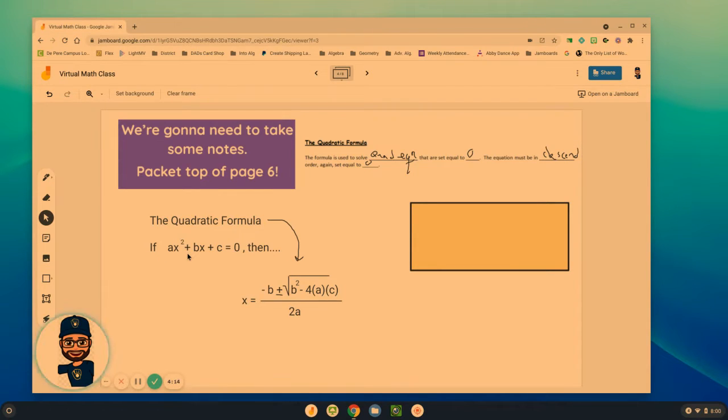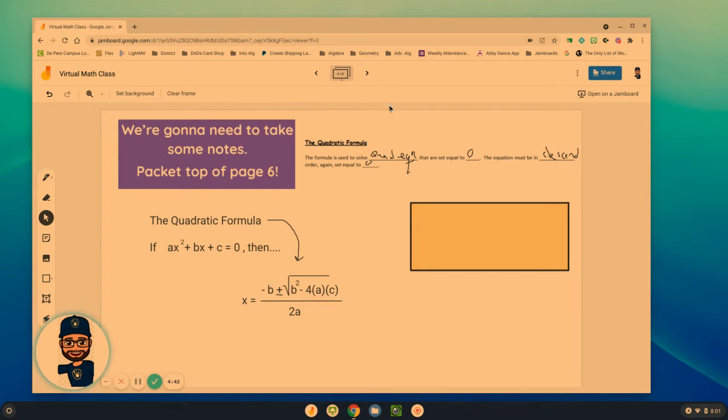I can find the solutions by saying that x equals the opposite of b, or negative b, plus or minus the square root of this whole thing, b squared minus 4 times a times c, and that all is being divided by 2a. Pause the video here and make sure you have this copied down correctly.